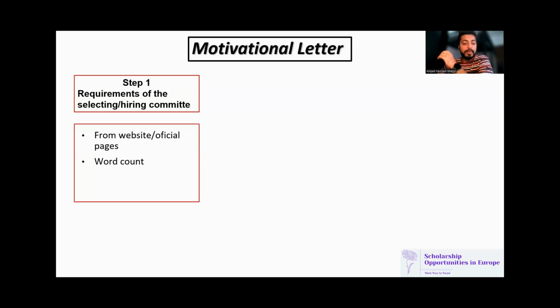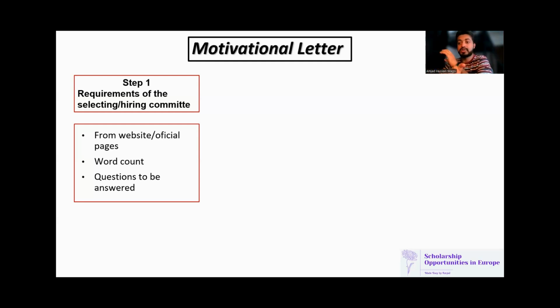Okay. Another requirement can be the number of questions. Sometimes these requirements can also be found on the websites. Sometimes they ask you to answer particular questions, maybe 4 questions, 5, or even 10. If there is this requirement, you have to highlight the questions and answer them separately.